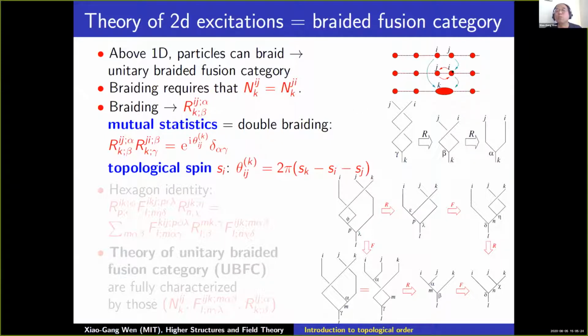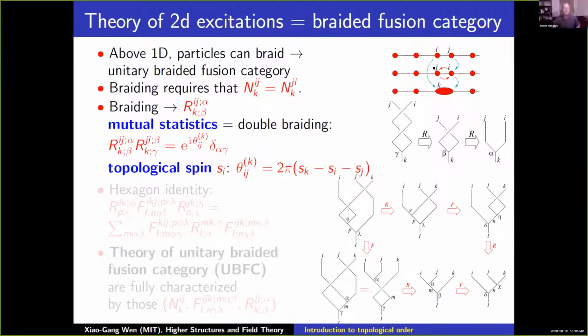We move one excitation all the way around another excitation. When you move one excitation around another, you get a phase factor, theta ij, which depends on the excitations i and j. So theta ij is the phase factor of mutual statistics between the i and j excitations.